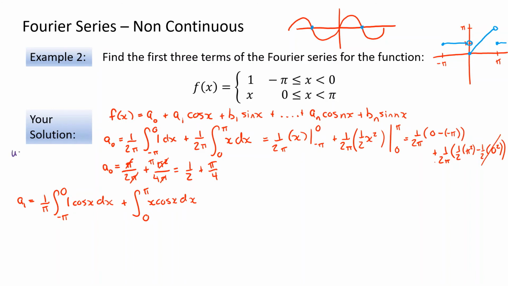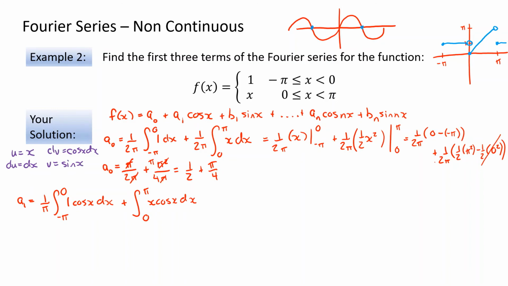So if I do that, I'll do it in purple on the side here. u is x. So du becomes dx once again. dv is cosine of x dx. So remember, the integral of cosine of x is sine of x. So v is equal to just sine of x.